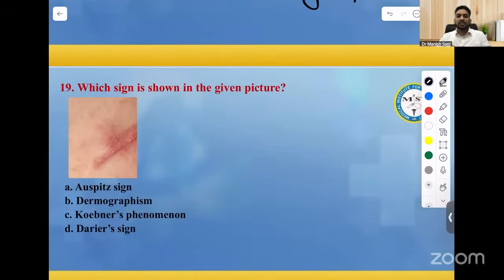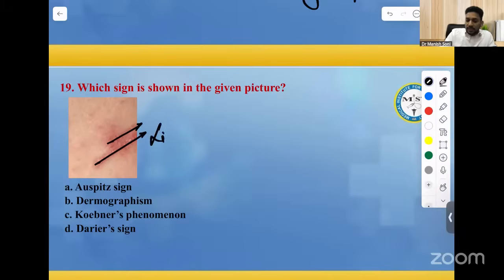Which sign is shown in the given picture? And in the picture, what you can see? You can simply see lesions present in a straight line. So linear lesions. Maybe the patient has scratched, and along the line of scratch, multiple lesions have developed in a linear fashion.